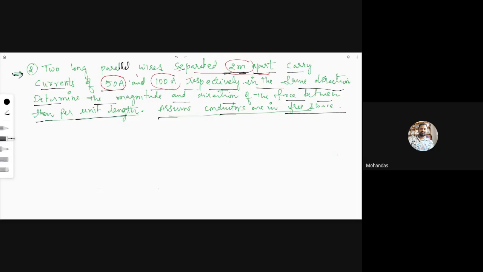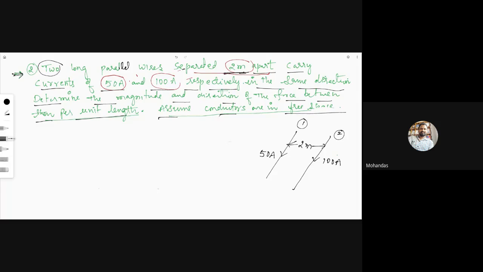See here, if you see this problem, how many wires are there? Two long parallel wires, separated by a distance of 2 meters. Conductor 1 carries a current of 50 amperes, and conductor 2 carries 100 amperes, placed in free space. Free space means mu equals mu naught into mu r.